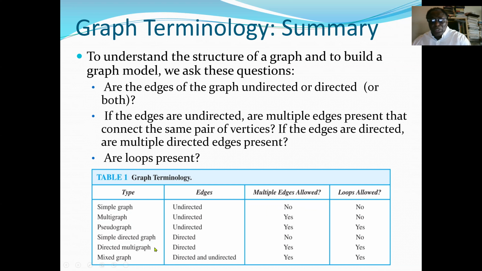Then we have a simple directed graph. Are multiple edges allowed? No, because it's a simple directed graph. Now, for a directed multigraph, multiple edges are allowed, yes, and loops are also allowed.